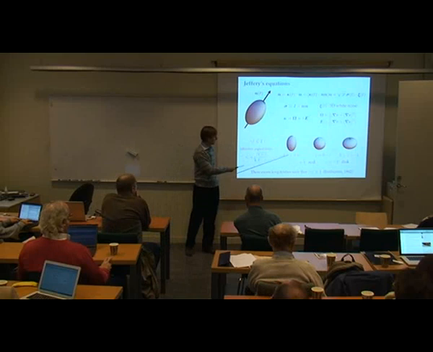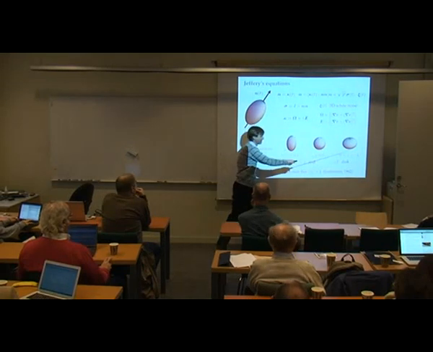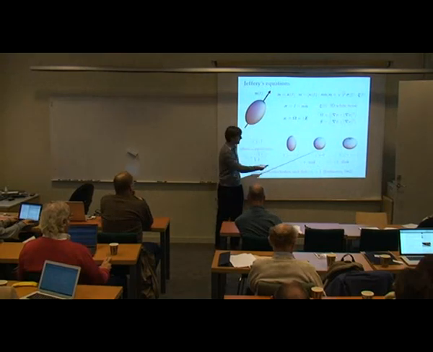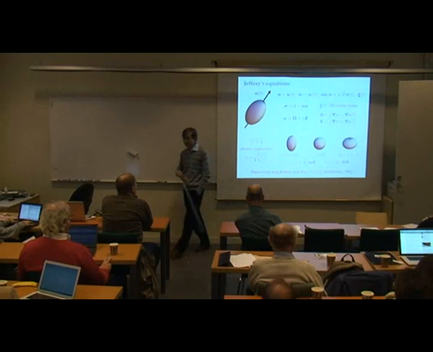For a positive gamma, one gets prolate spheroids. For a negative gamma, we obtain oblate spheroids. And the special cases are spheres, for gamma equal to 0, and the two limiting cases are rods and disks.